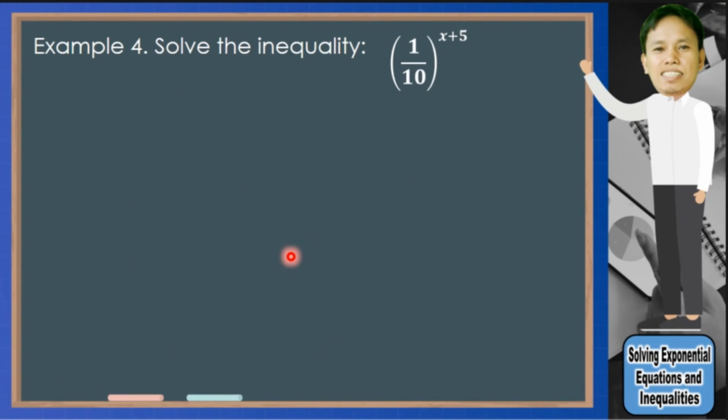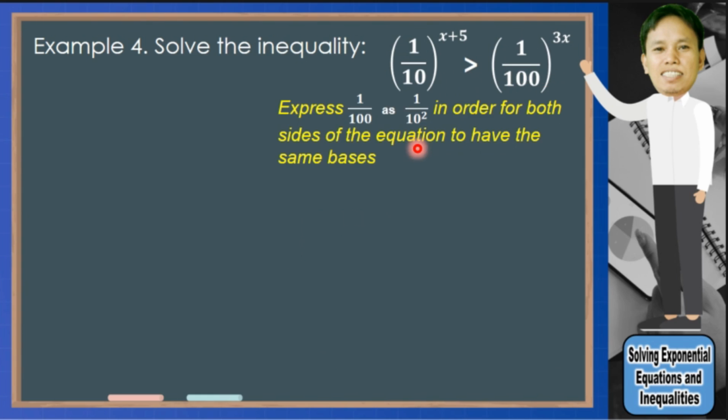Example number 4. Solve the inequality 1 over 10 raised to the power of x plus 5 is greater than 1 over 100 raised to the power of 3x. So we have to express 1 over 100 as 1 over 10 raised to the power of 2 in order for both sides of the inequality to have the same base.